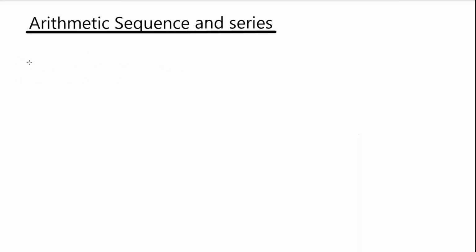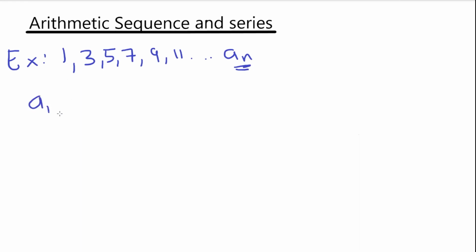So let's take an example of an arithmetic sequence, one of only odd numbers: 1, 3, 5, 7, 9, 11, all the way to the nth term, which is represented by a subscript n. So the first term, or a1, is in this case 1. It's usually displayed to you, so it's very easy to identify.